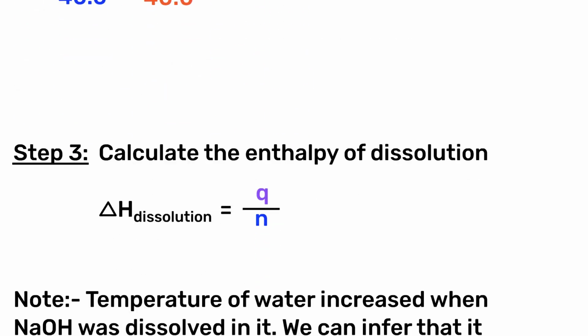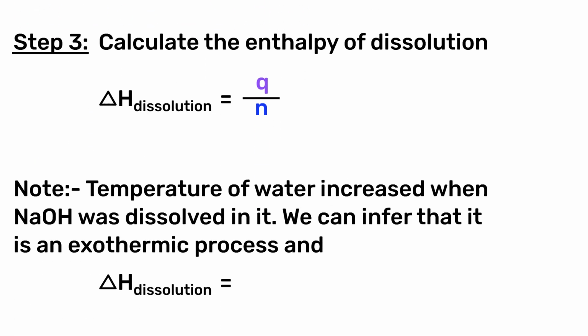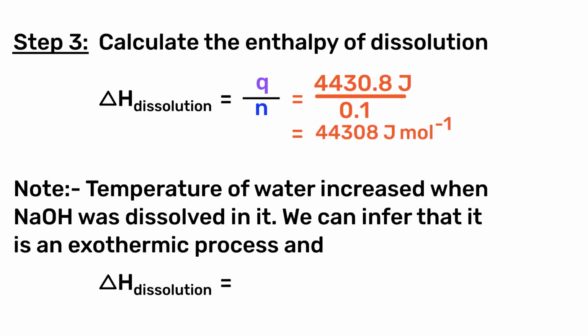And lastly, the enthalpy of dissolution can be calculated by dividing Q by n, and you would get the value in joules per mole or kilojoules per mole if you divide it by 1,000.